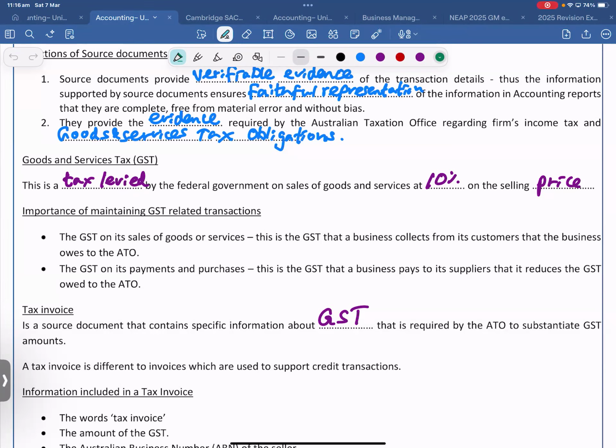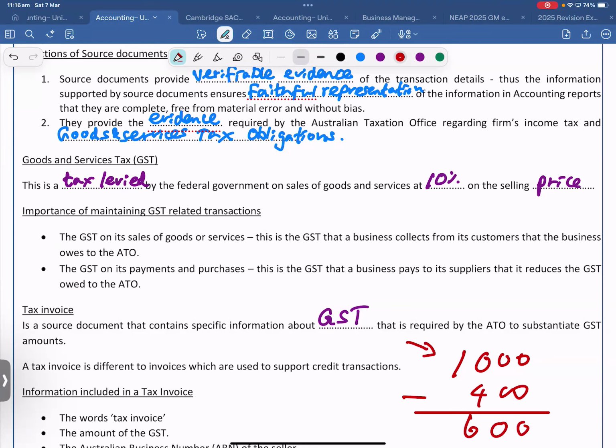How much did we collect? 1,000. And we paid 400. We didn't pay it to the ATO, but it will reach the ATO one day. Then the net amount is 600. 600 is what we owe, so we don't have to pay the entire 1,000.